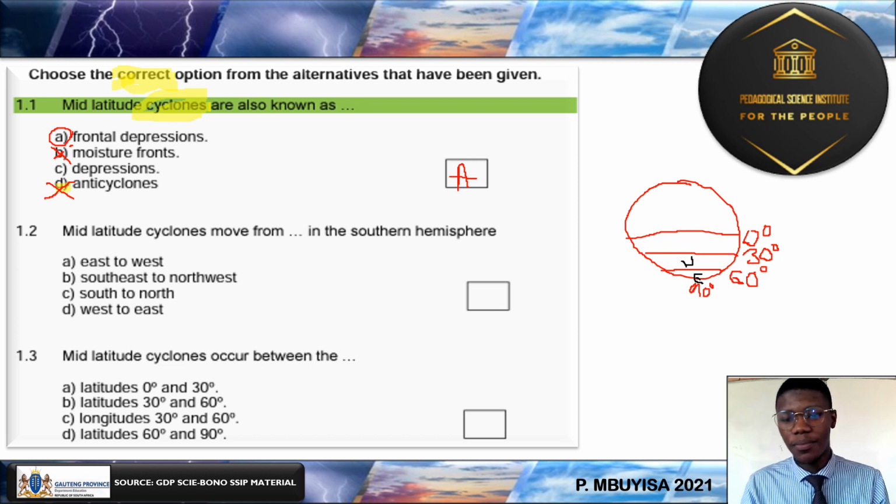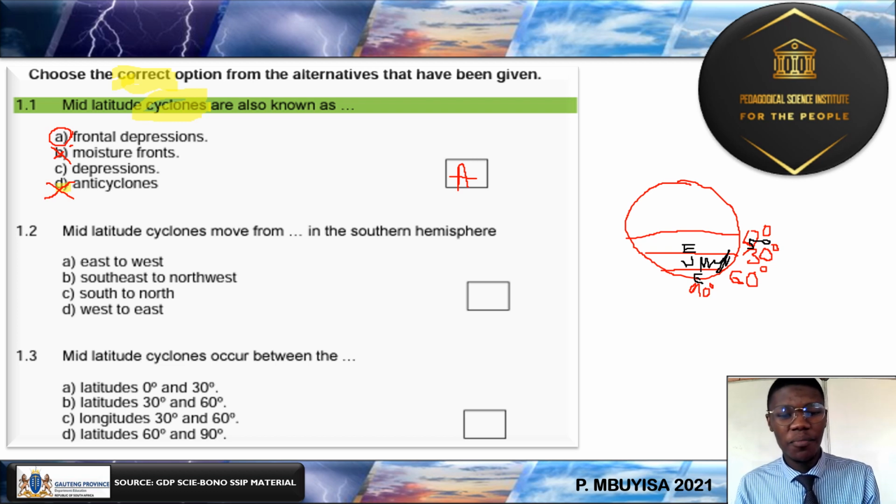So between 5 degrees and 30 degrees we have our tropical easterlies. Here we have our subtropical westerlies.